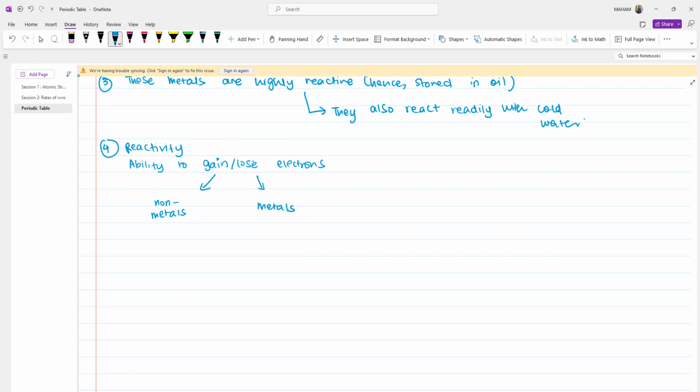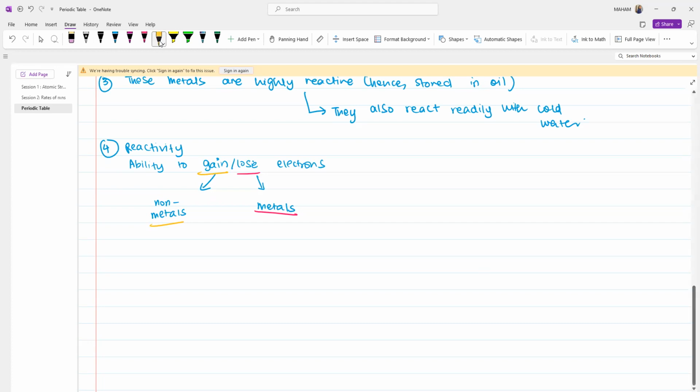Why do you think metals are more likely to lose electrons? Because of the reactivity, they're more reactive. Yeah, that is true.